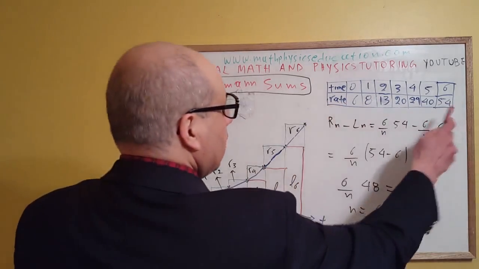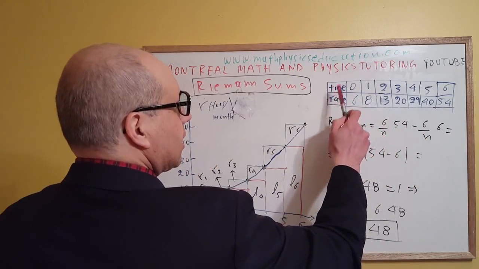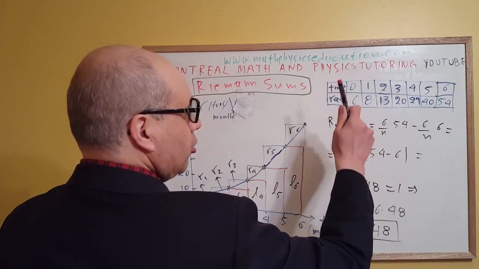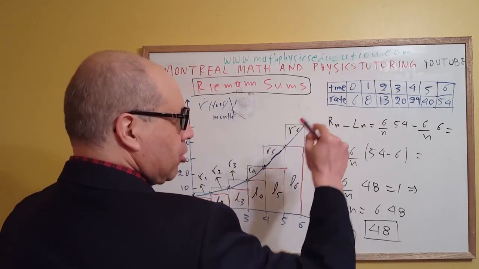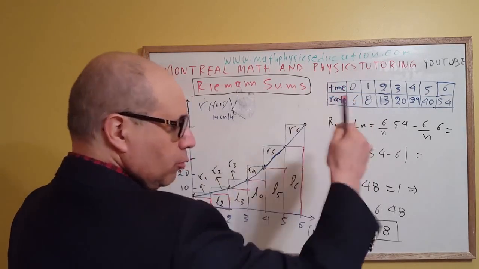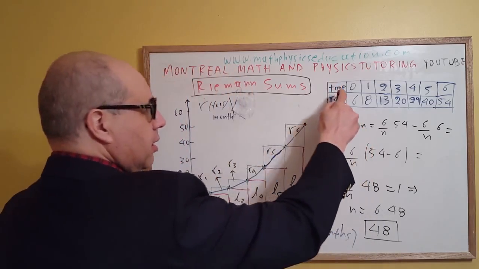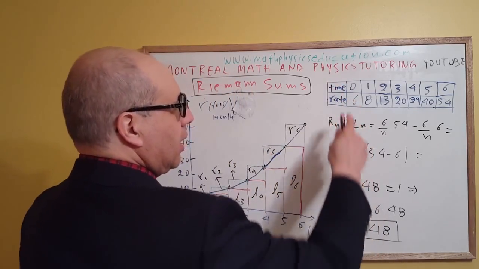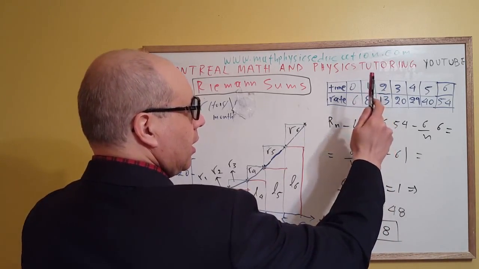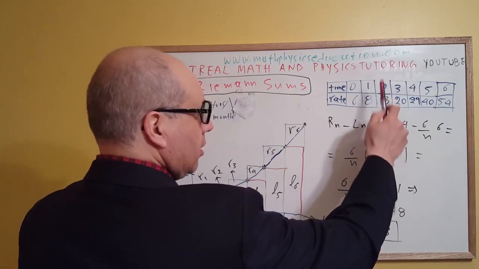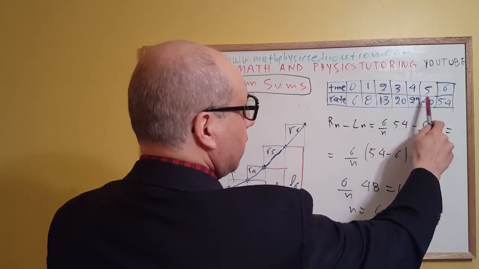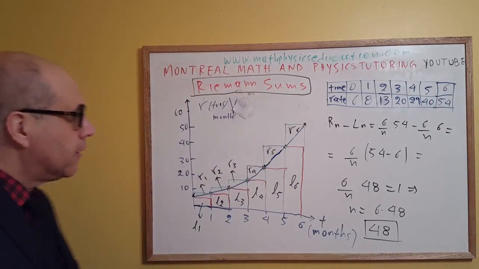This table gives us the time in months and the rate in tons per month that we measure at the beginning of each month. When we start at 0 months, we have 6 tons per month. At 1 we have 8, at 2 we have 13, at 3 we have 20, at 4 we have 29, at 5 we have 40, and at 6 we have 54.